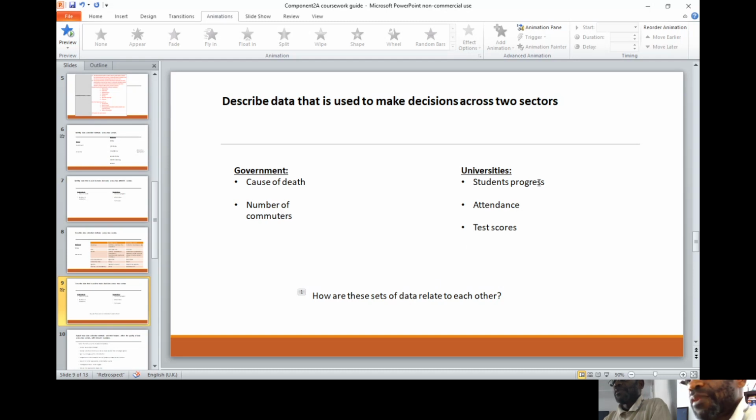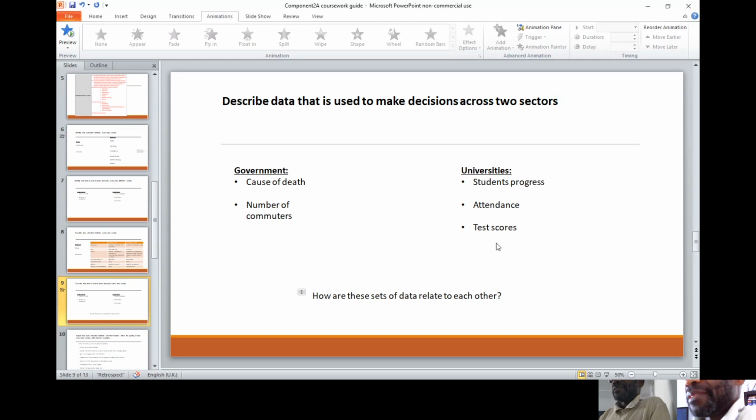Then the next one, if you look at the university, the information that the university might require is the student progress, the student attendance, and the student test scores. How would these relate to each other in order to help the university inform their decision?